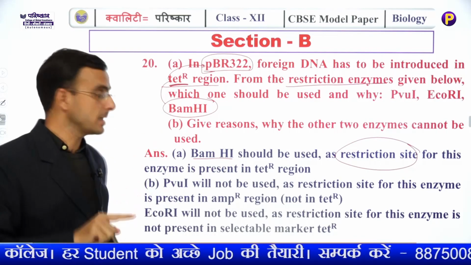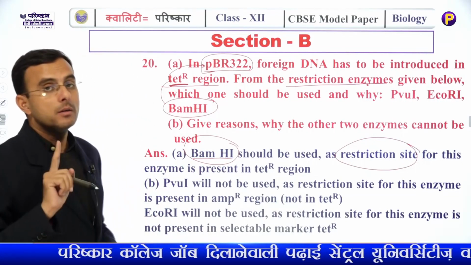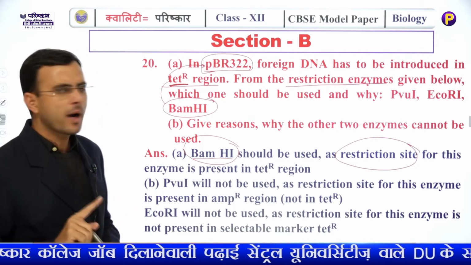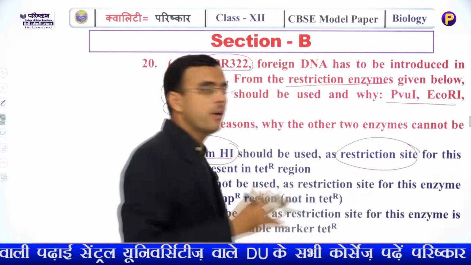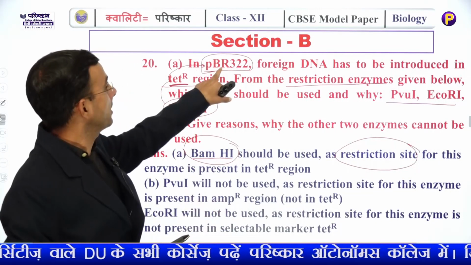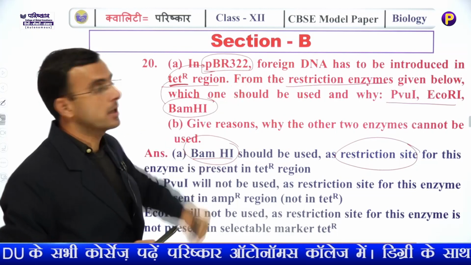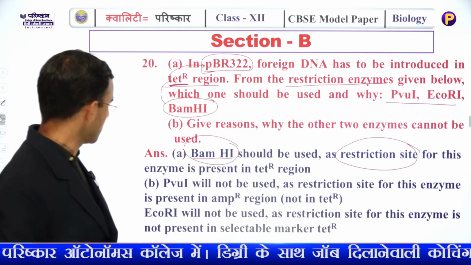So you are utilizing the BamHI restriction enzyme. So why are we not utilizing these ones? Because there is no restriction site for these enzymes in the pBR322. Because of that reason we are not utilizing these. So that is the answer.